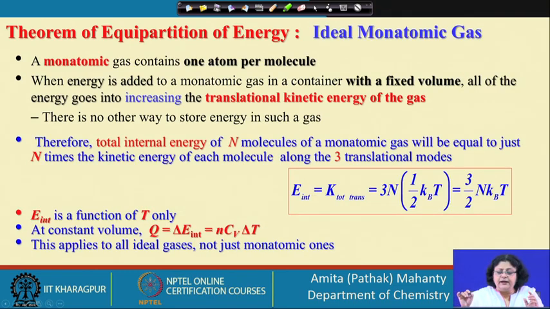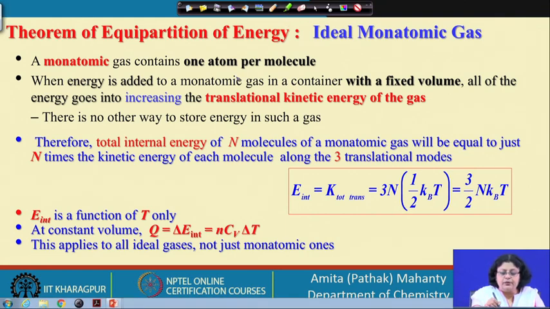If I take an example of a monoatomic gas, which means it has one atom per molecule, when I add energy, how it is going to store the energy is what the degree of freedom tells us.